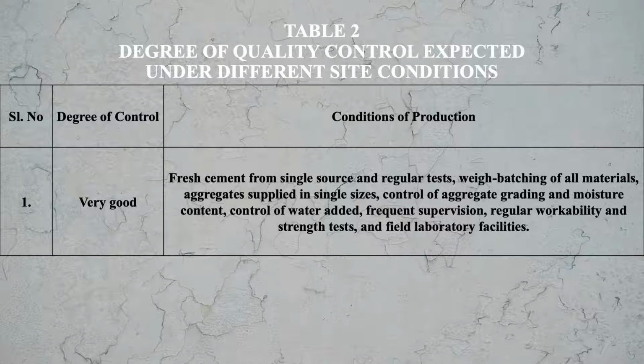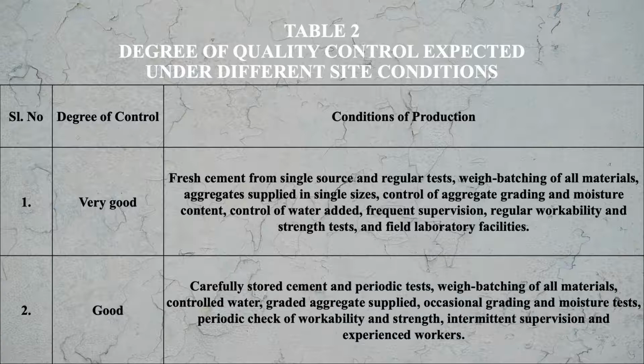Fresh cement from a single source is used, regular tests are done, weigh batching of all materials is done, aggregate is supplied in single sizes, control of aggregate grading and moisture content is there, control of water added is there, then frequent supervision is there, regular workability and strength tests are done, and field laboratory facilities are there to test various materials. So in those conditions we can say that it is very good quality control.